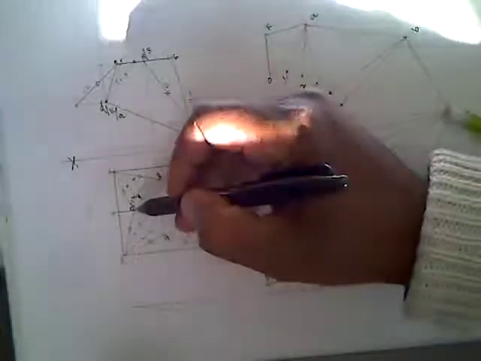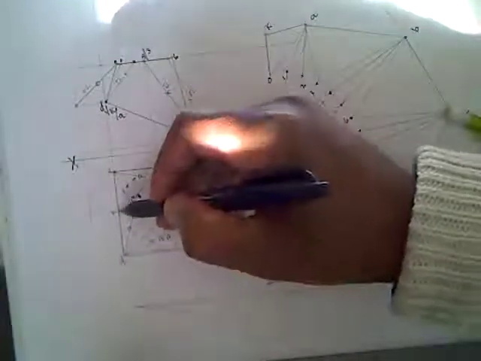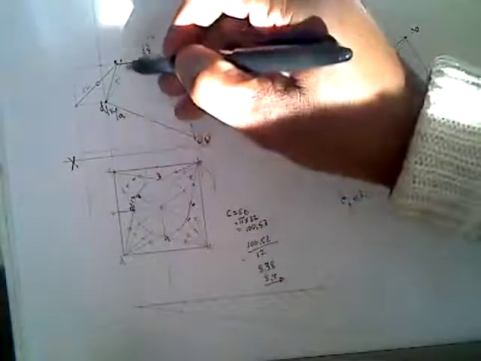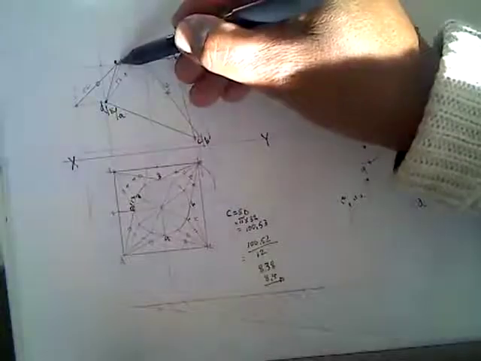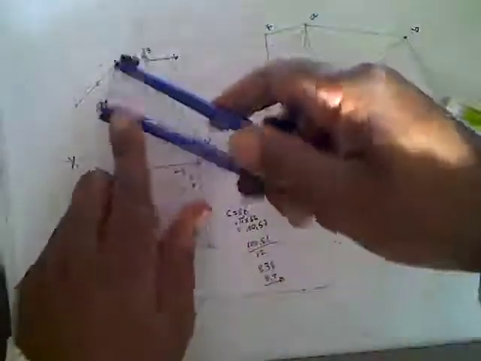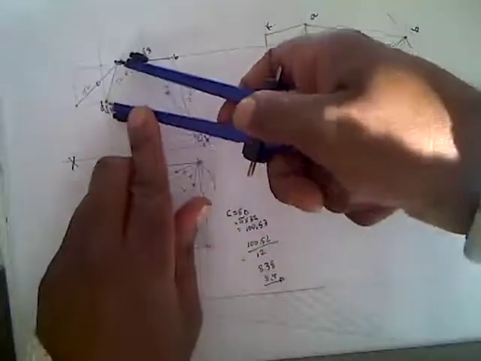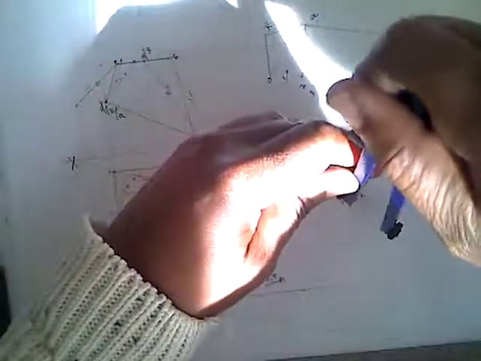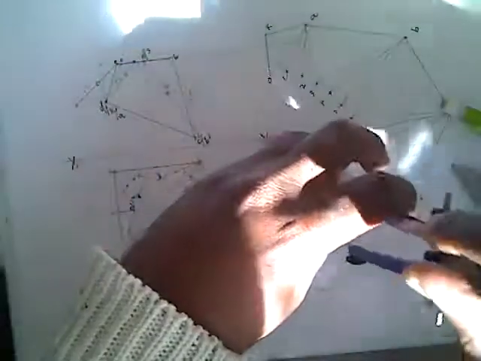And then there is 12. 12 to K. 12 is at the corner. 12 to K, that is the true length. Then you will have 12. From 12 you will look for K. K will be somewhere here.